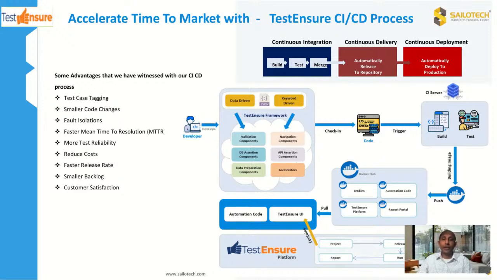When you retest or re-execute, only the failed cases can be executed again using the dependency clauses that we have. That TestEnsure also enables, where only the failed cases will be executed, not the whole. Like if you have 80 test cases in one flow, and 10 of the test cases have failed, only those 10 will be executed, provided there's no other bigger dependency or test cases to be executed first.